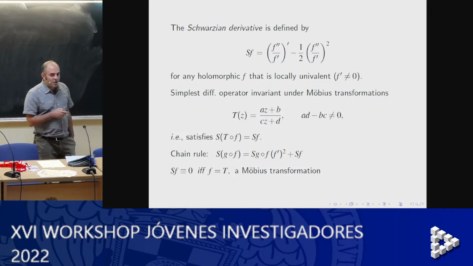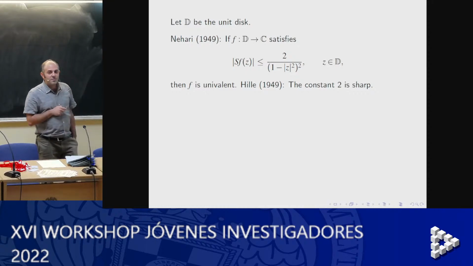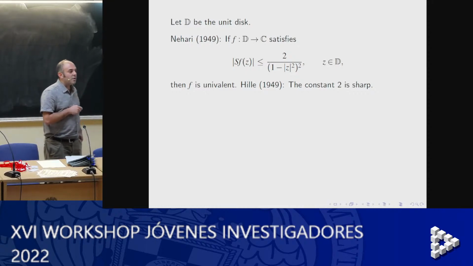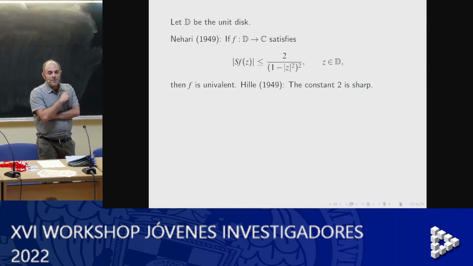And let's start with the most classical theorems. We start in the unit disk, where Nehari shows that if a function is analytic and its Schwarzian derivative satisfies this growth condition, it's less than or equal to 2 over 1 minus modulus of z squared, then f is univalent.